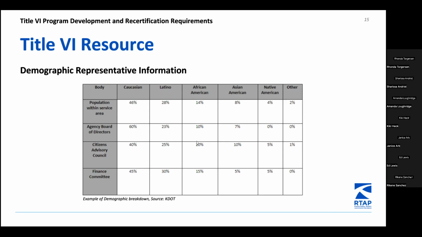And that makes sense with the population. So you want to make sure you're including minority and disenfranchised voices because those are oftentimes the people that are using transit the most. But you also want to make sure that the population on your board is reflective of the population within the service area. So those are two important things to keep in mind. And this might not apply to everyone, but I think most agencies do have an elected planning board.